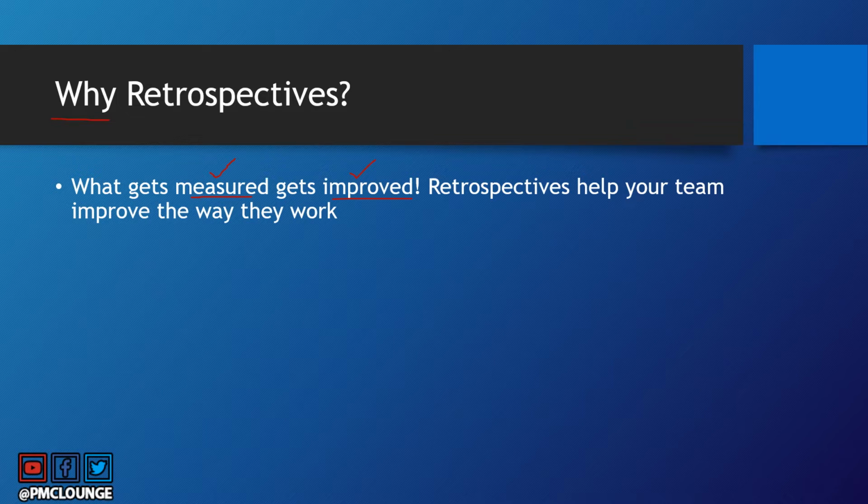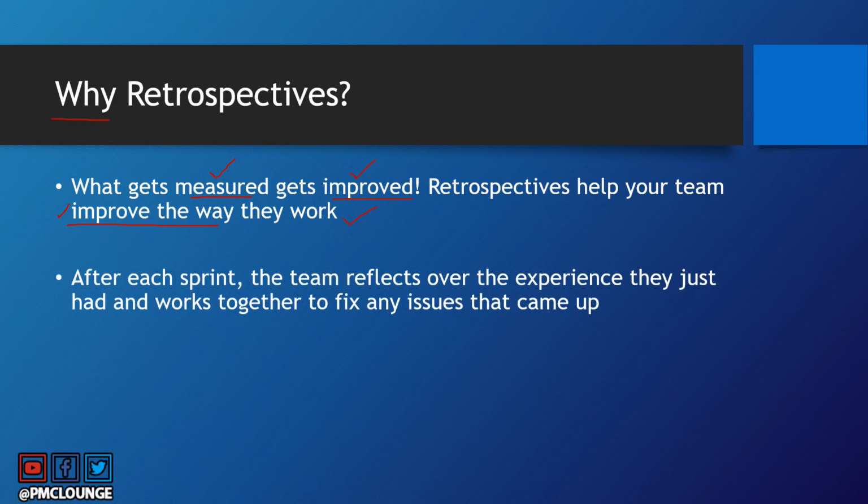Retrospectives help your team improve the way they actually work. And this, by the way, is the best reason to conduct retrospectives. All of us want to improve, all of us want our teams to improve, and that is why if you do effective retrospectives, it is definitely going to improve the way your team works.